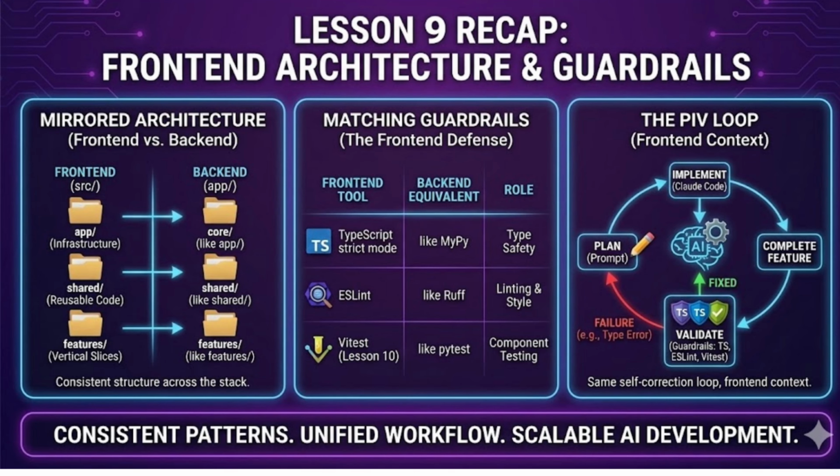Again, the PIV loop is ever present as the foundation for the creation of our agentic AI applications. If TypeScript fails, Claude Code fixes the types. If ESLint fails, Claude Code fixes the issues. The same self-correction loop applies to the front end.